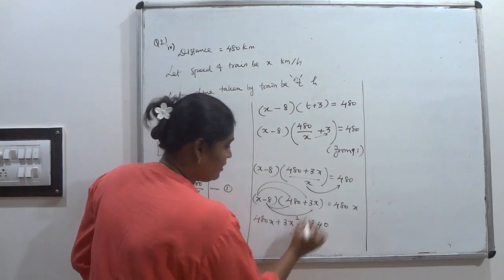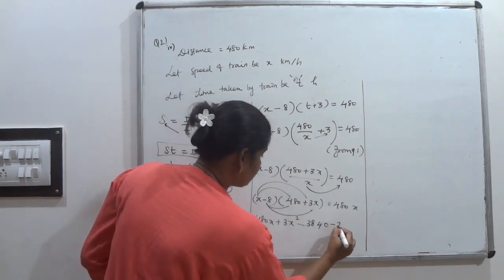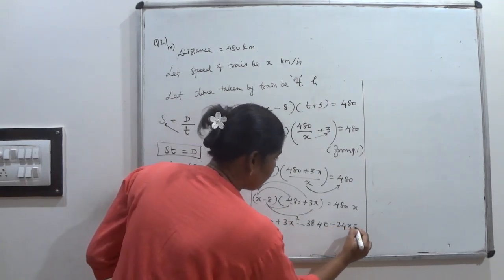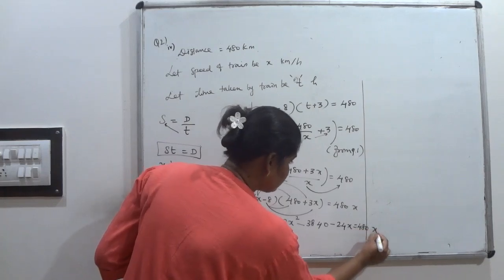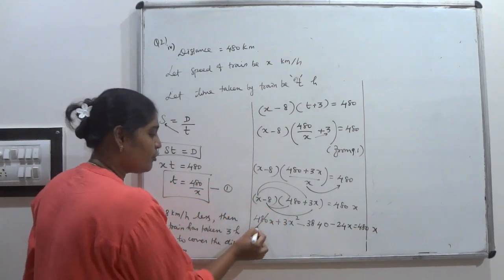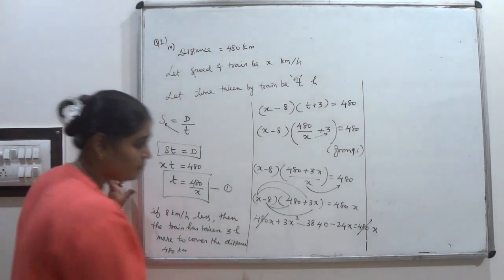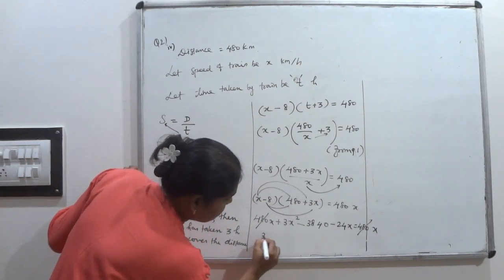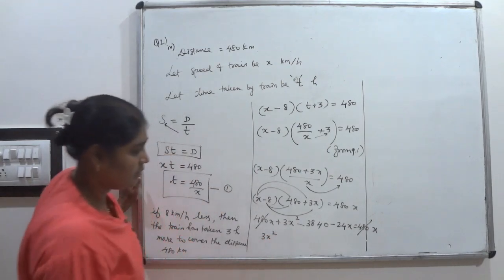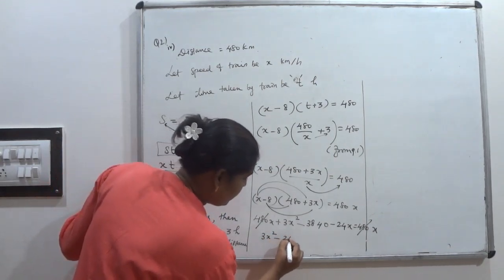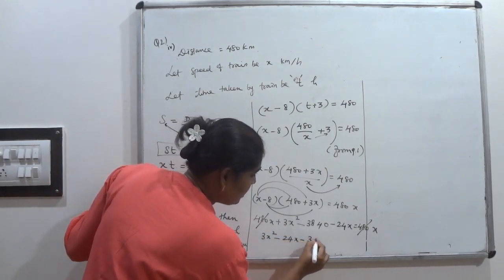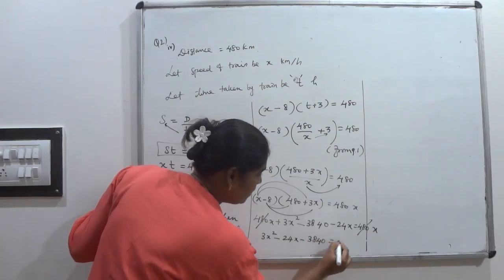Minus 8 into 3x, that is minus 24x, equal to 480x. Here also 480x and here also. Both sides 480x is there, so cancel out. See, 3x square minus 24x minus 3840 equal to 0.